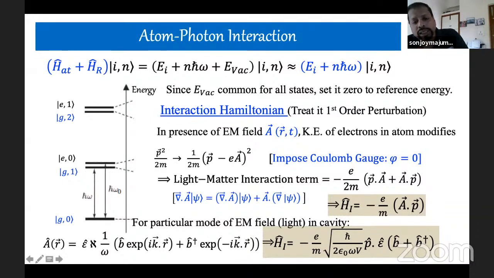In that case, this interaction Hamiltonian, A dot P, can be written in this form. I have now kept all the factors in proper way. It will be e by m, then P times the factor h cross by 2 epsilon naught omega V, where V is the small confined volume, and here it will be P dot epsilon.